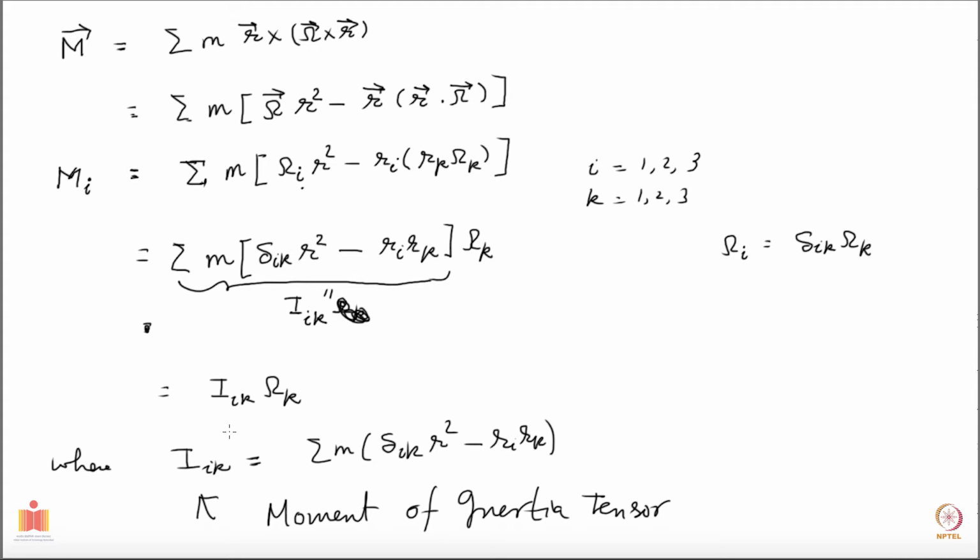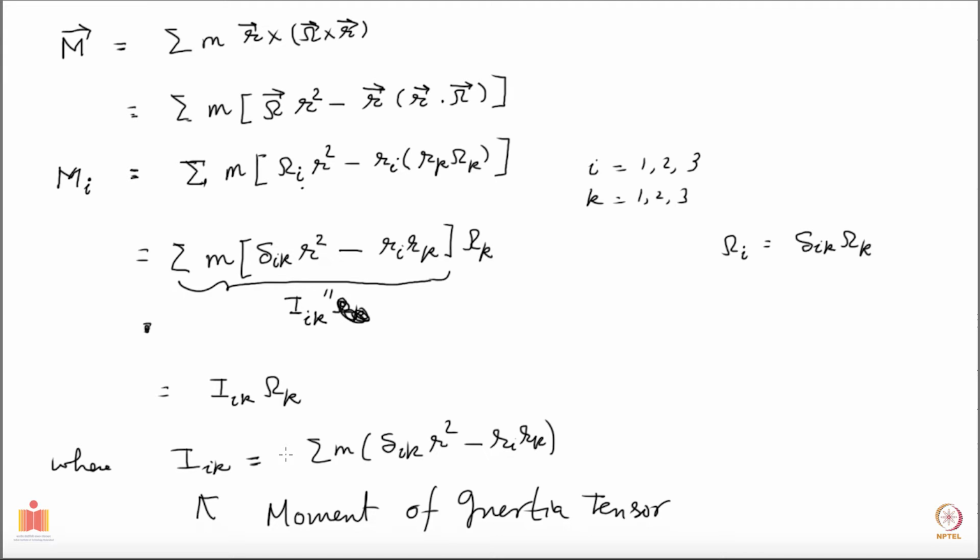In any case, it's a tensorial quantity, but even if you do not know what a tensor is, you can still see that this is a matrix, a 3 cross 3 matrix. It has an index i, index k, they all run from 1 to 3, so you will have 9 elements in total.